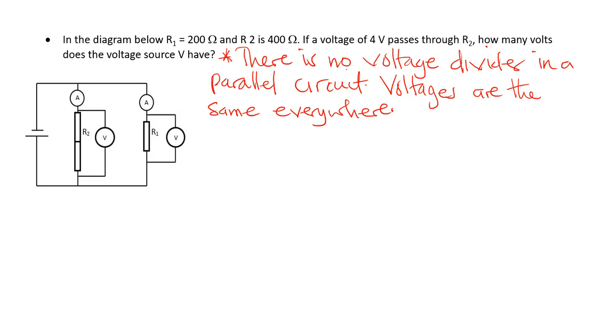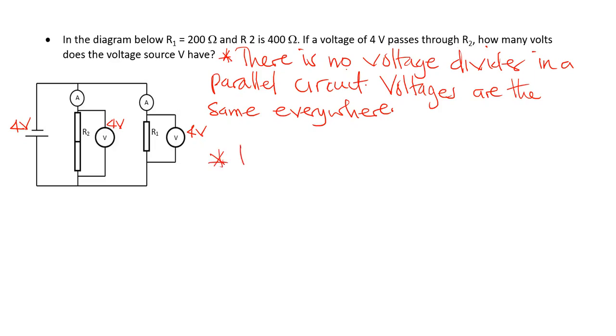So the question is, if 4 volts passes through R2, so this is R2, we are saying we have 4V here. How many volts does the voltage source V have? So the answer is voltages are the same everywhere. If 4V passes through here, 4V will also pass through here, and the voltage source will also have 4V.